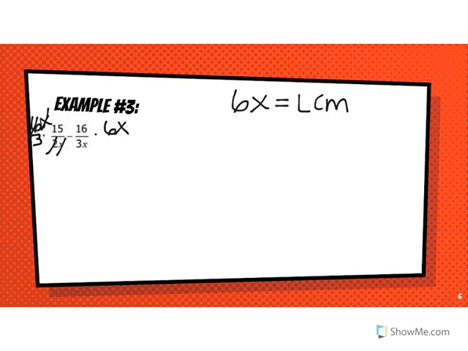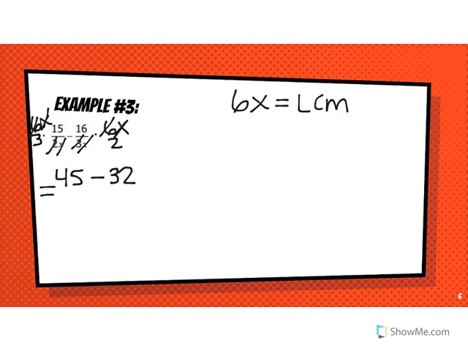X's divide out, so just 3 times 15, which is 45. And then 3 goes into 6 2 times, and those x's get to cancel out too, so just 2 times a negative 16, which is negative 32.